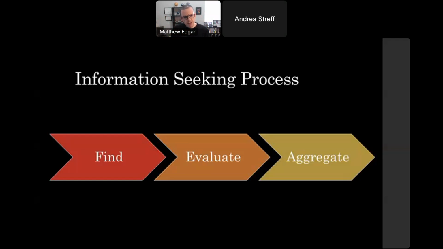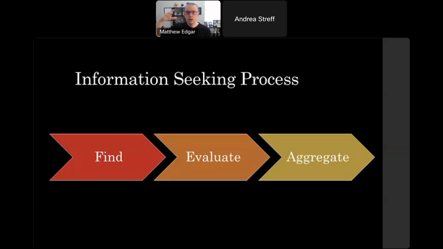While there are lots of different theories and ways of describing information seeking, at its core it comes down to three main steps. People have to find a list of information sources. So you ask a question, and you say, okay, where am I going to find a list of potential places that could answer this question? What are all the websites out there that could answer that question for me? Then, once you find that list of information sources, you have to evaluate those sources.